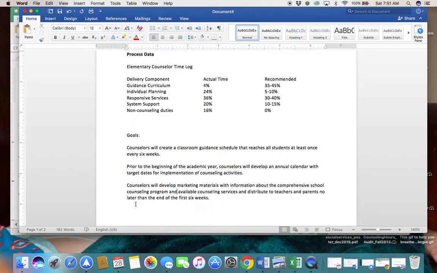So here's our time. It's got to be done no later than the end of the first 6 weeks. What they're going to do, is there proof of it? Can we measure it? Yes, we see that the marketing materials are available.